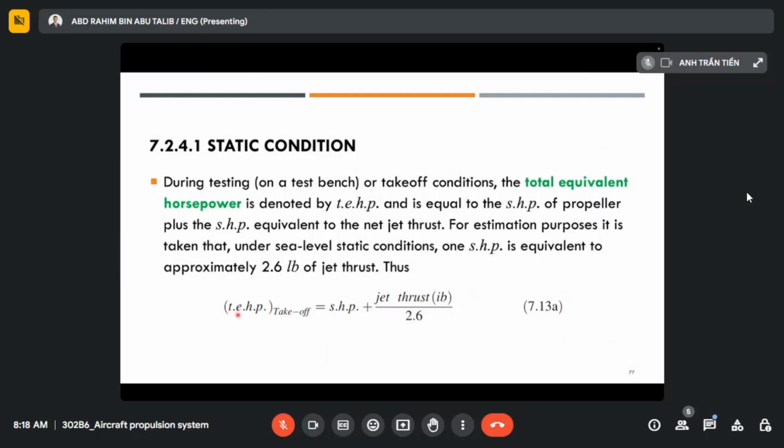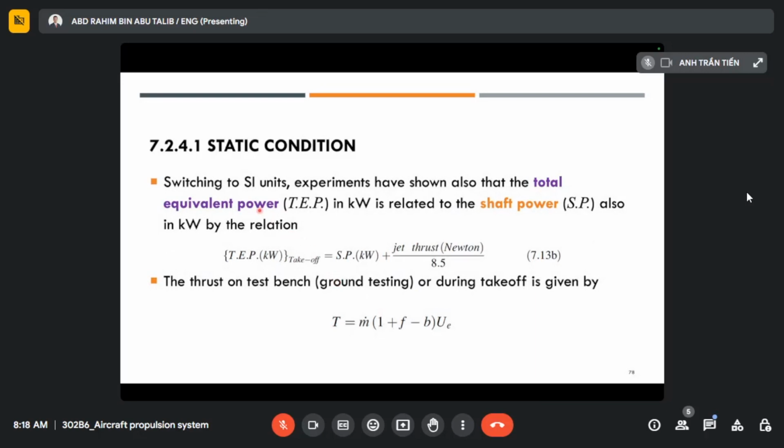The total equivalent horsepower during takeoff is equal to the shaft horsepower plus the jet thrust over 2.6, since one SHP is equivalent to approximately 2.6 pounds of jet thrust.